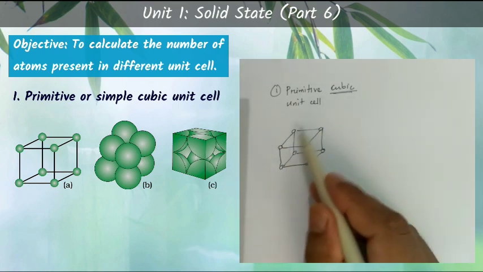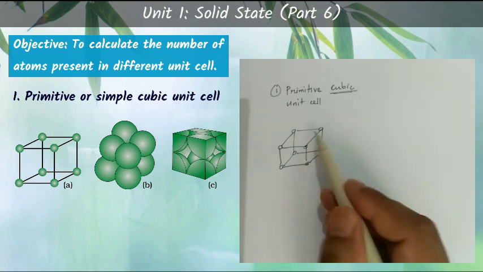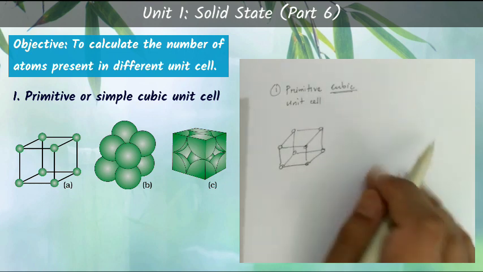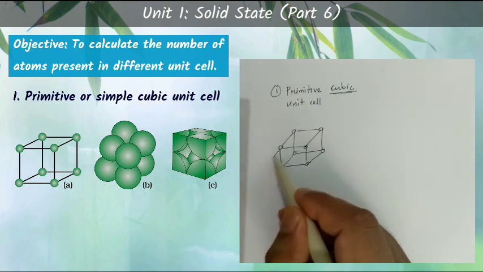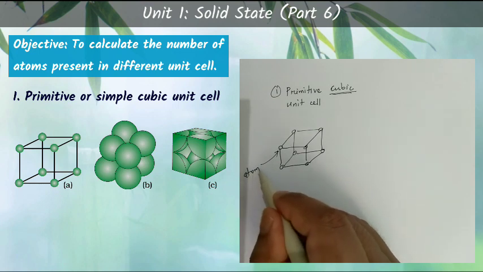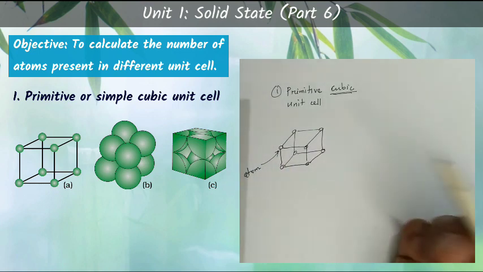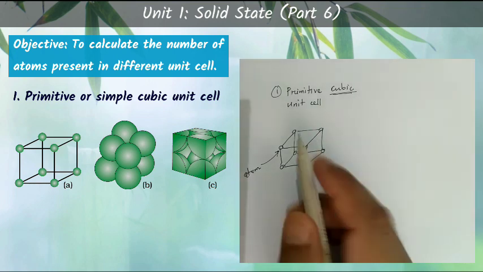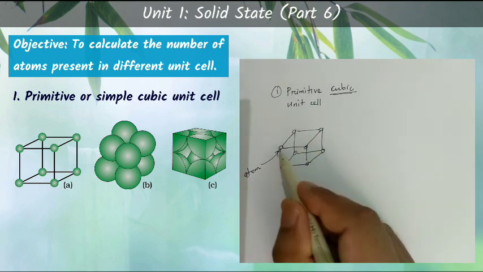So 8 constituent particles will be there at the corners. Here in this case the constituent particle is an atom.